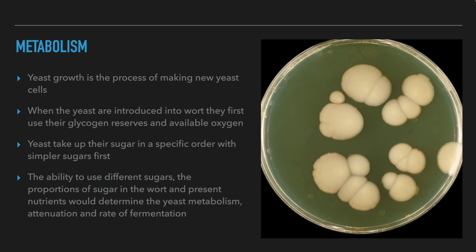They then begin to metabolize the sugars in their environment in order from the simplest sugars to the more complicated ones. So basically, what determines the metabolism, the attenuation, and the rate of fermentation of the yeast are the ability to metabolize different types of sugars, the proportions of the different sugars in the wort, and the amount of nutrients in the wort.